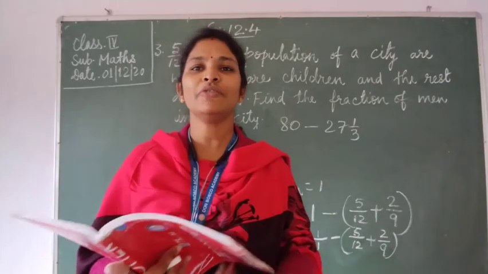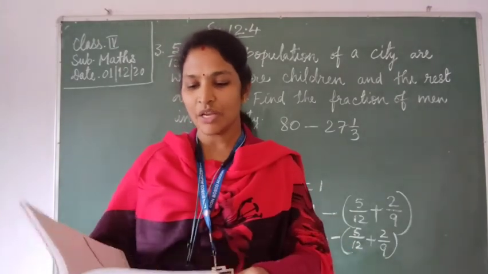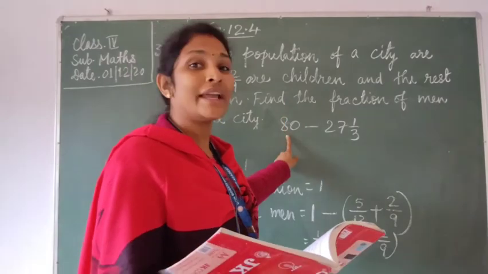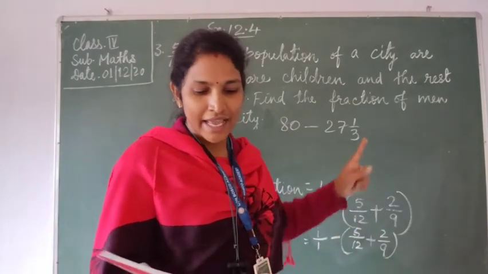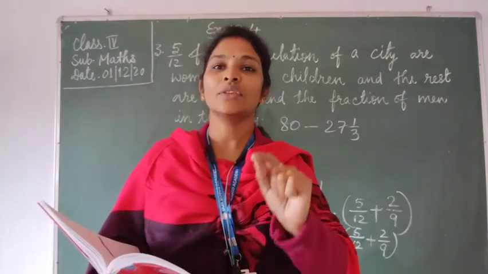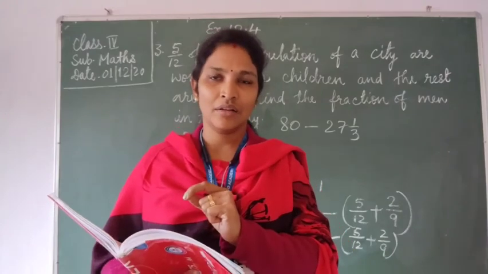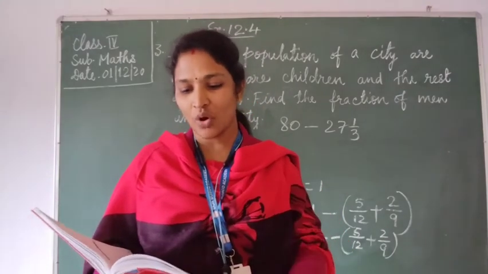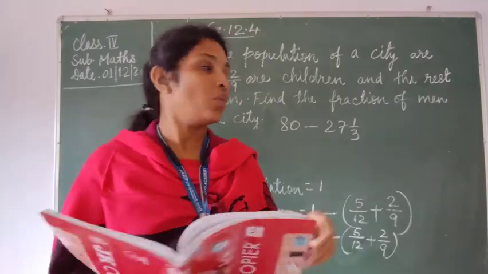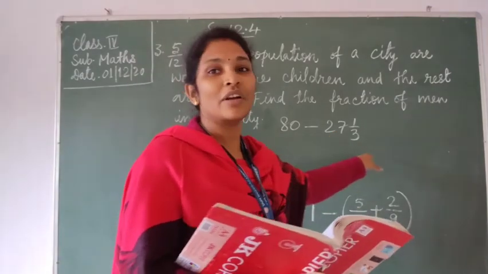Okay. Then what will be the first statement? First, what number are you going to write? 80. What is 80? 80 is the length of the reel. First statement will be length of the reel. Now what will be the second statement? 27 1/3.